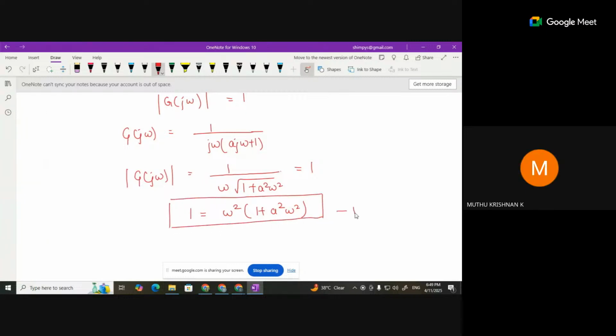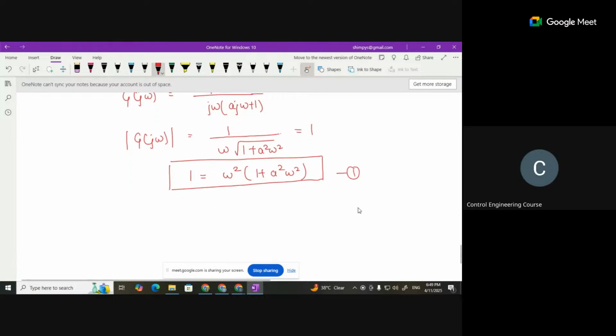Now, the phase margin is given as 180 degrees plus the angle of G at the gain crossover frequency, right?